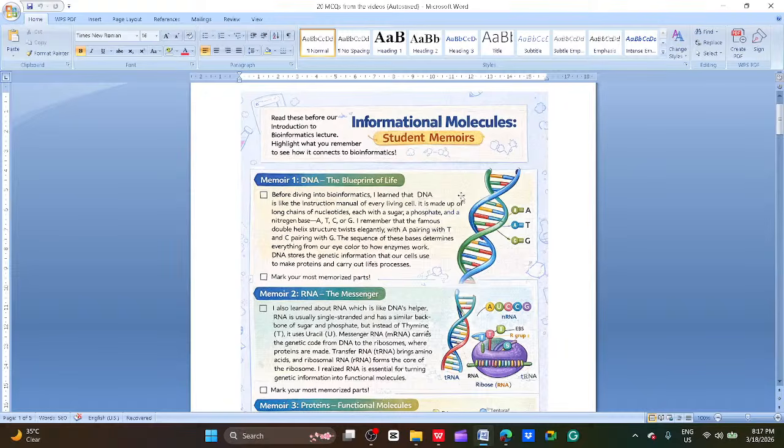The first thing you need to know is that DNA is the blueprint of life. Inside the DNA is life. Outside it, you cannot talk of life any longer. So life is inherent inside this double helix.